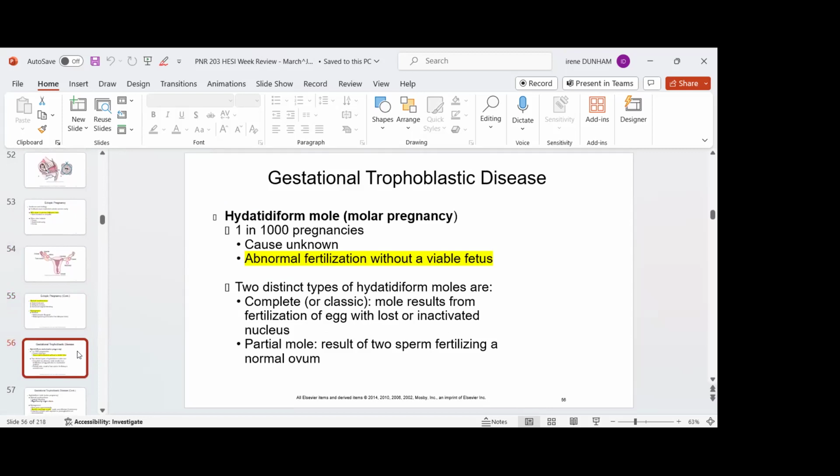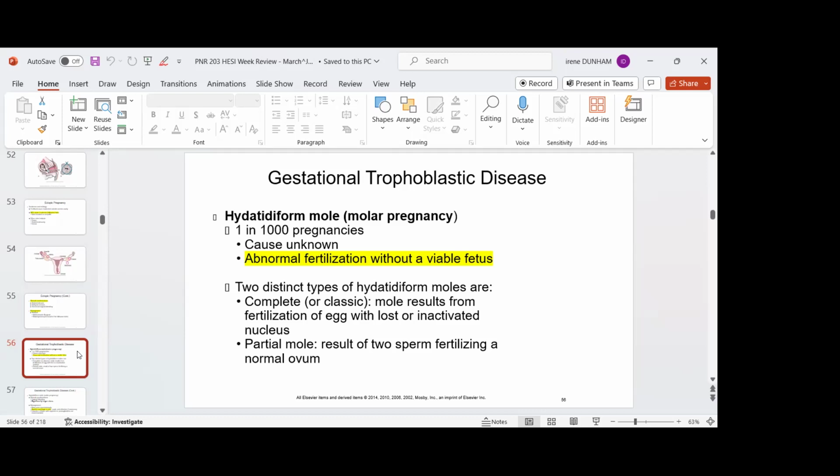Okay, another problem that you can have in early pregnancy is gestational trophoblastic disease. What it is, is the molar pregnancy. So another term you may see is hydatidiform mole, molar pregnancy. What happens is the fertilization occurs, but it's not normal. Those cells that are supposed to keep growing, cleaving, and dividing all the way through, right?